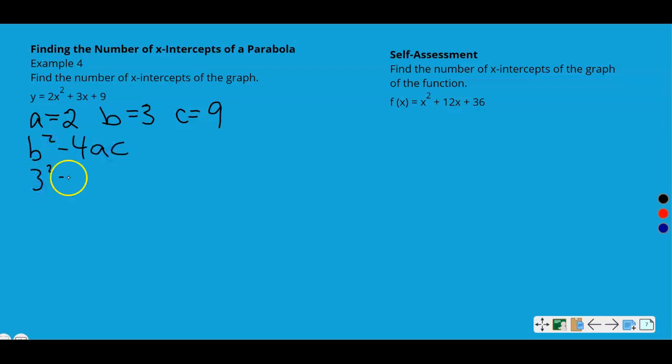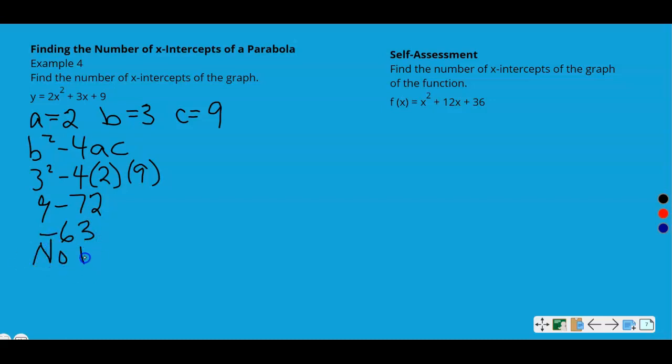So we got 3 squared minus 4 times 2 times 9. All right, so we've got 9. 8 times 9 is minus 72. That is going to be a negative number. So negative 63 means there are no real solutions.